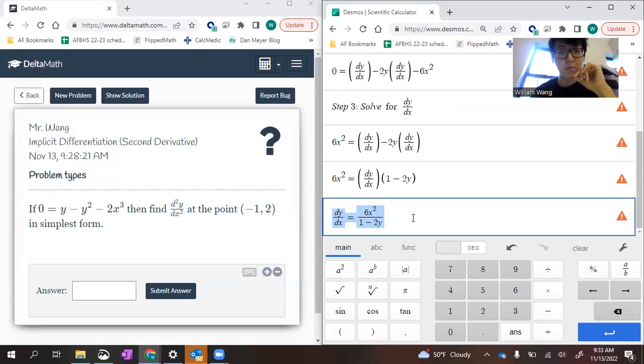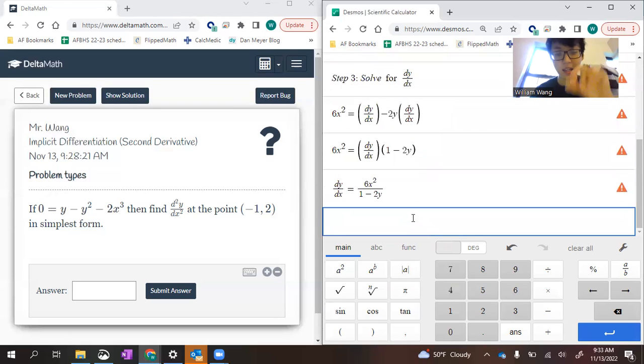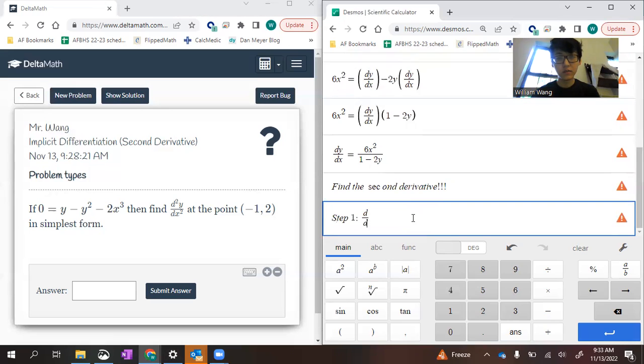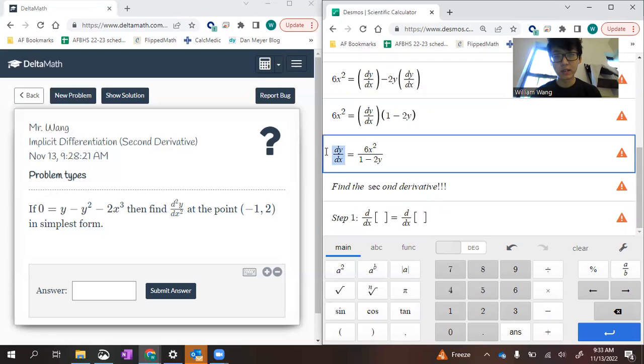However, I cannot stop here because I need to find the second derivative. So let's follow the steps again. Step 1 is d over dx, right? We just do the implicit differentiation steps another time, basically. Step 1 is I take d over dx of both sides.